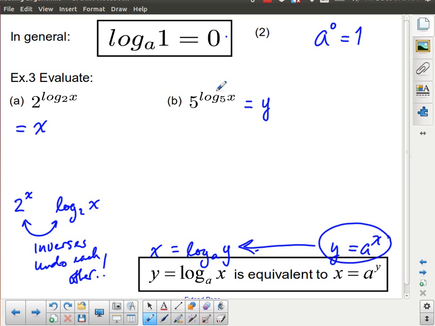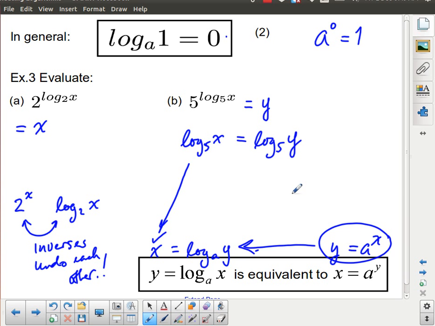What was the exponent from this? The exponent from this was log to the base 5 of x, so that's this part right here. So this whole log to the base 5 of x was that part, equals log to the base a, so that's going to be log to the base 5 of the thing that was over here on its own, and that's y, so that's fair enough. That works out just fine.